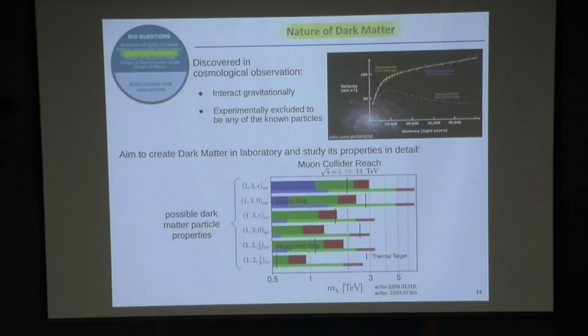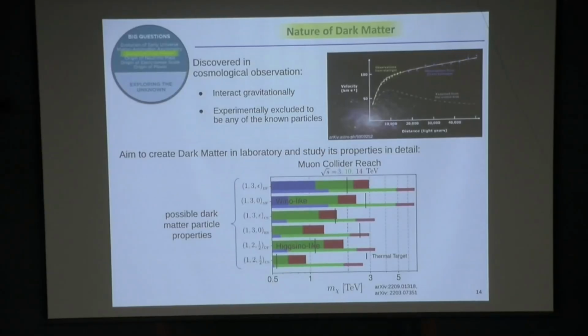So this plot is a bit complicated, but essentially it shows, as a function of the possible dark matter mass on the x-axis, and then on the y-axis, a relatively common assumption that a dark matter particle might actually interact weakly as well. Depending on the properties of this particle, it shows the reach of a Muon collider in terms of being able to find such a particle.